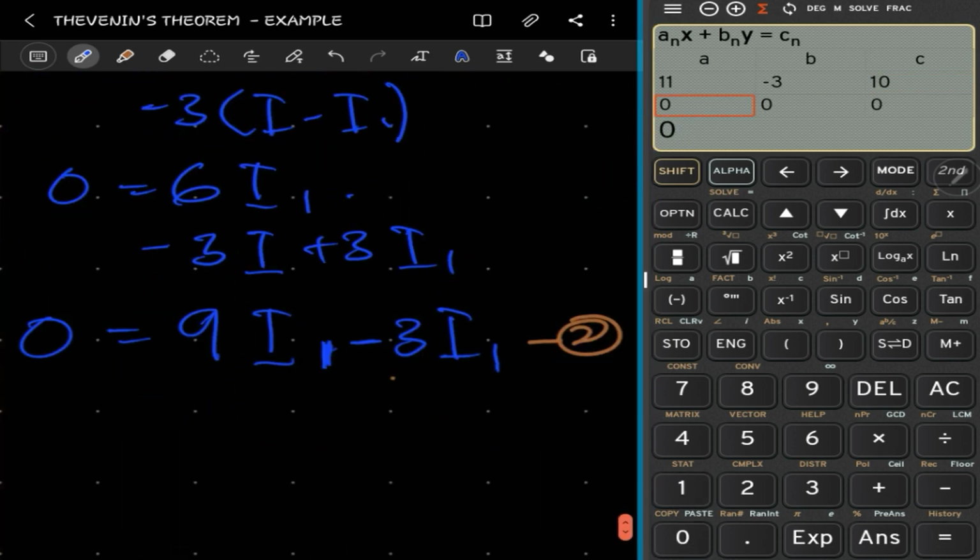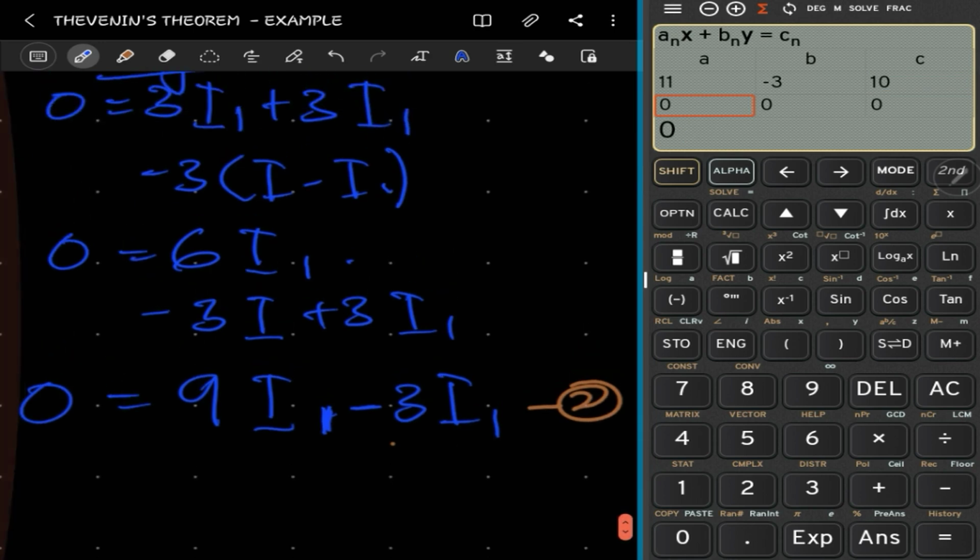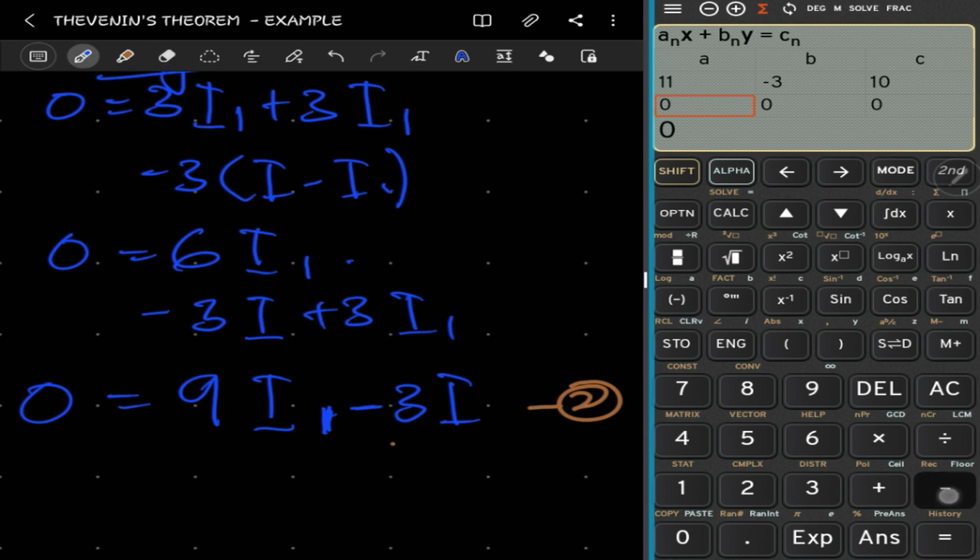Equation 2, we have our I to be what? There's something that we've missed. There should be just I, there's no I1. So I is minus 3, I1 is 9, and we have our constant to be 0.